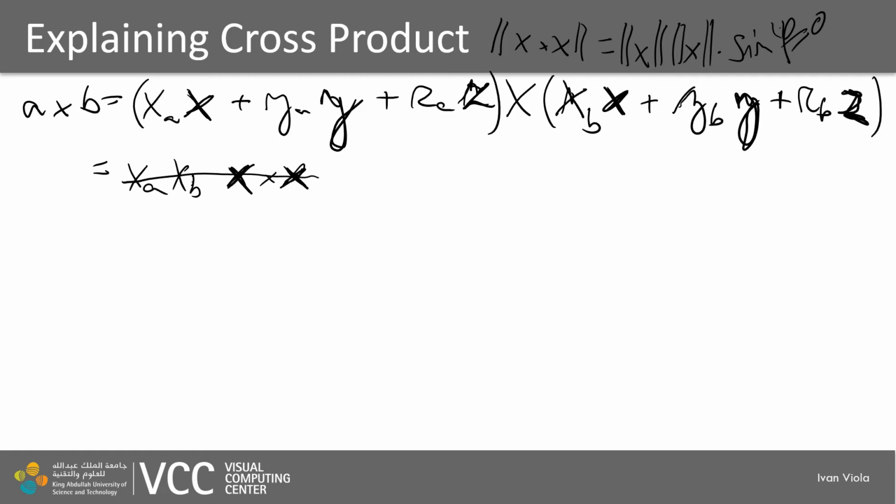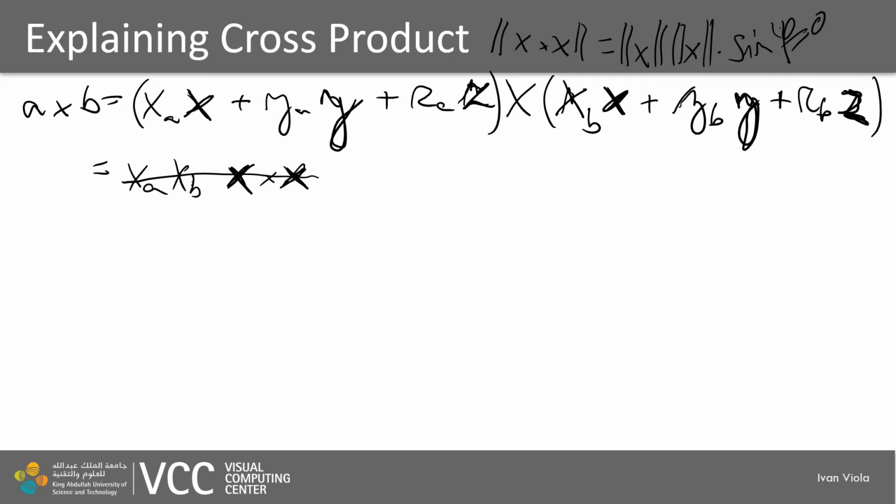So we will only have the mixtures of the vectors which are not cross product with themselves. Let's have a look at what that means.